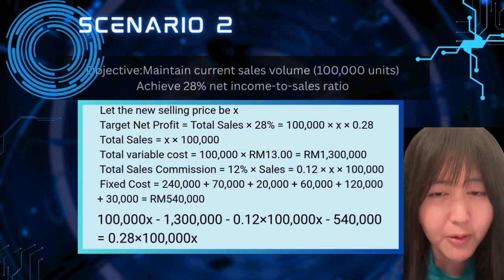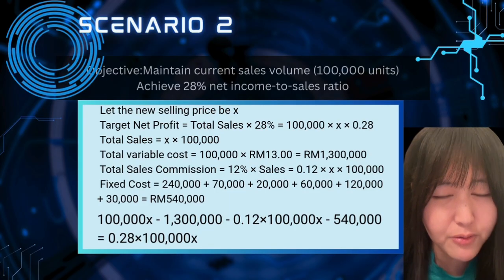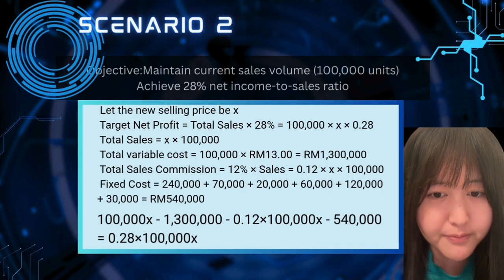We set the new price as X. After calculation, the result is X equals 30.67 per unit. This price is much higher than the current 25. That means the company needs to raise the price by more than 20%. In a competitive market, this is not realistic. Customers may not accept it, so this plan is risky.